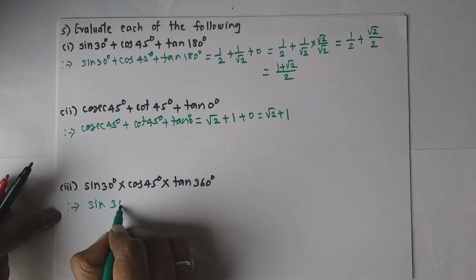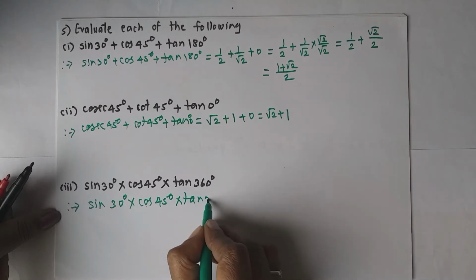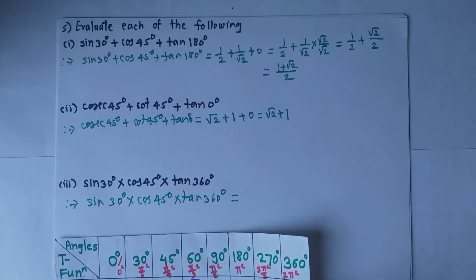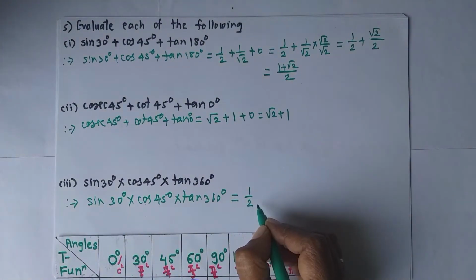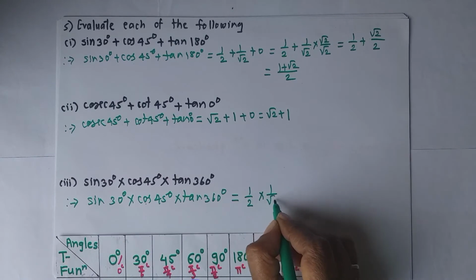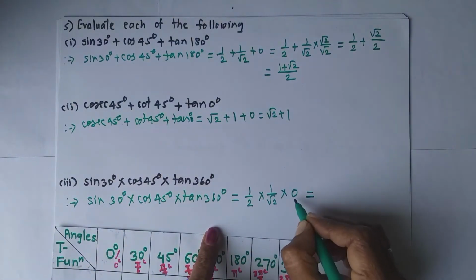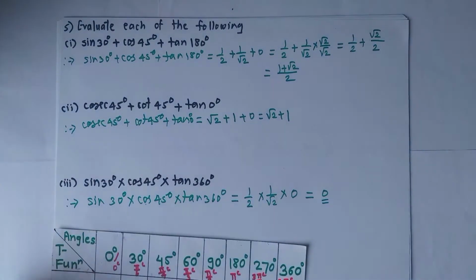You write down sin 30 into cos 45 into tan 360 degrees. Okay. Now you put the value of sin 30. What is sin 30? 1 by 2. Then cos 45 is 1 upon root 2 and tan 360 is nothing but 0. And if there is 0 in the multiplication of any numbers, the value of that function will be 0.